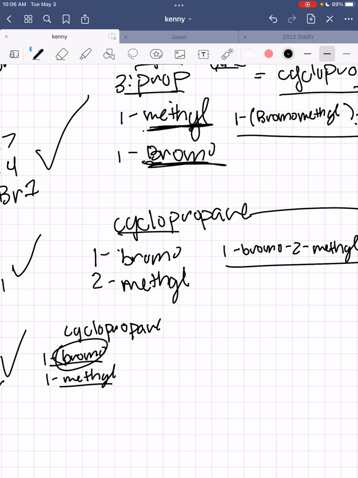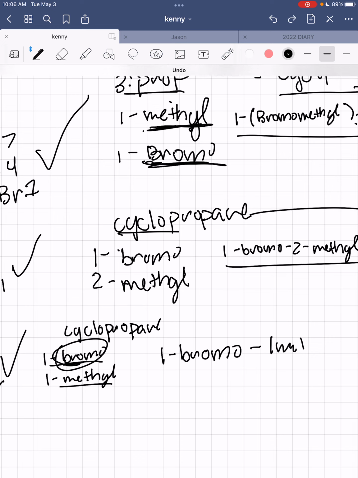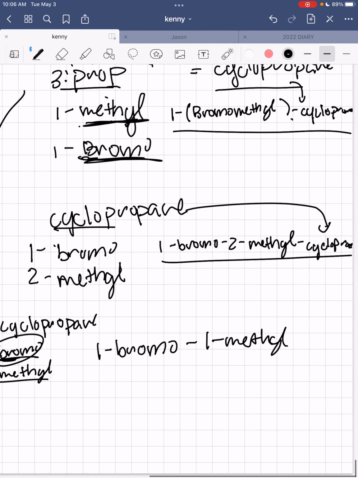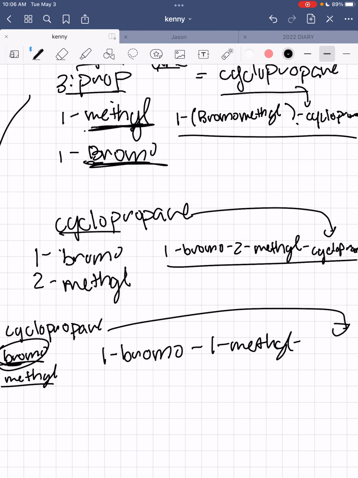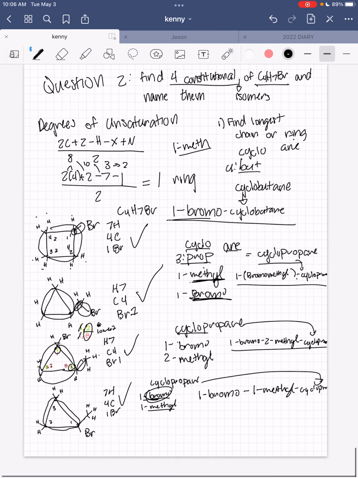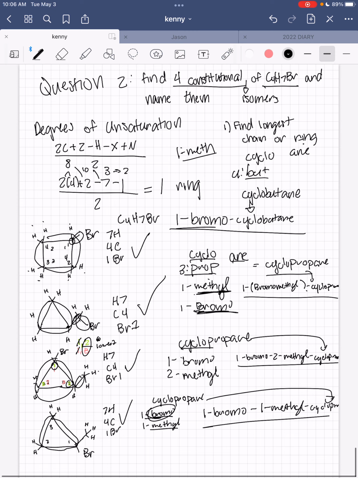The bromine goes first because alphabetically it starts first, so it'll be 1 bromo, 1 methyl. And then add this at the end. Okay, I'm gonna need space to write that. Then that would be the names of all 4.